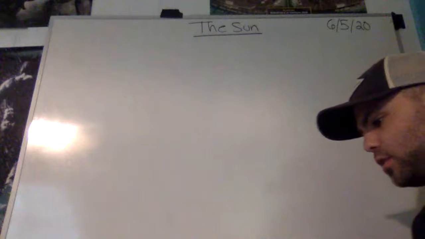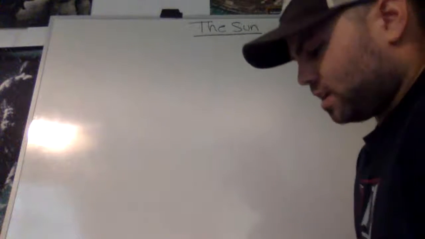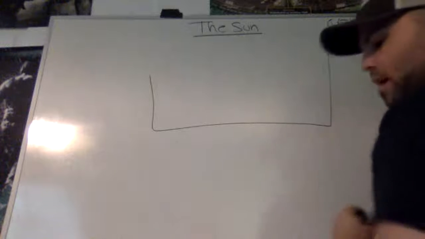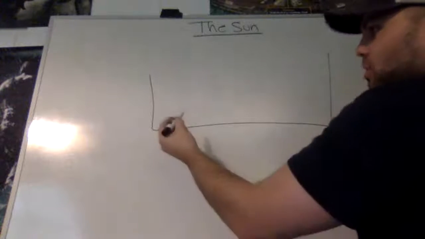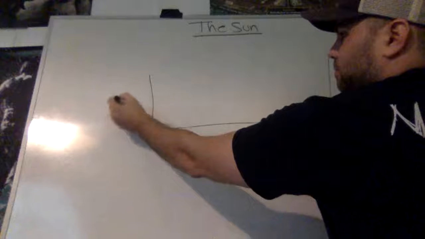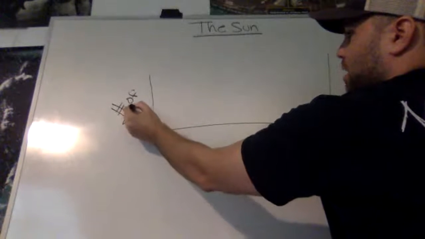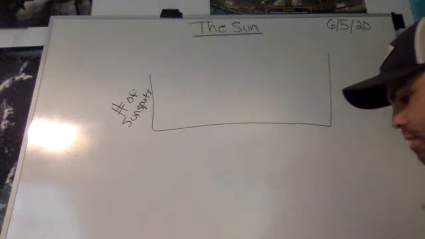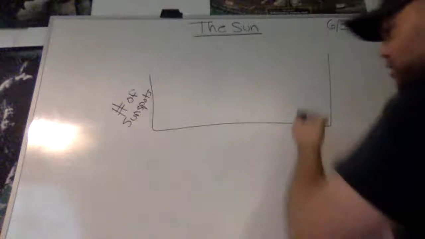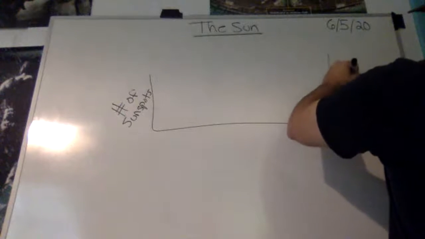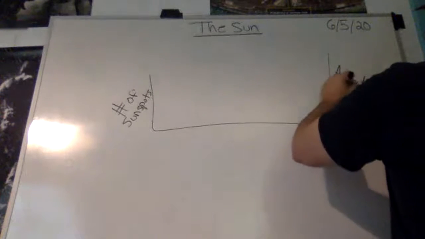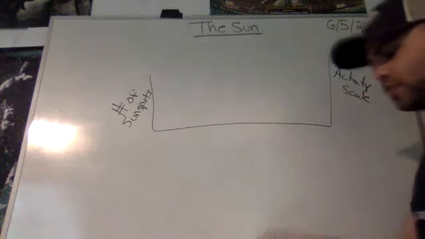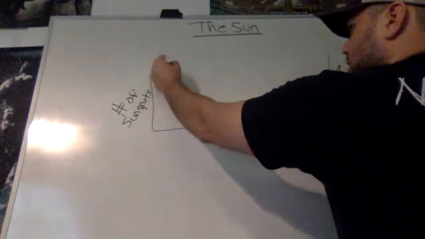So for the Sun worksheet, the first question they give you is this giant graph that we have to read. On one side, it says the number of sunspots, and then it gives you the activity scale on the other side. Now, this is important when we're reading it because if you actually notice, there's two different lines.